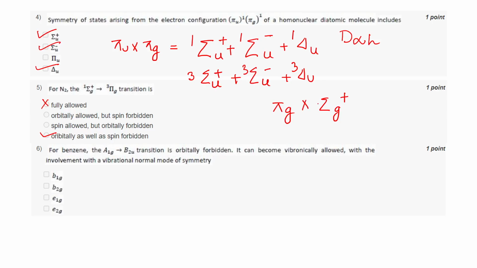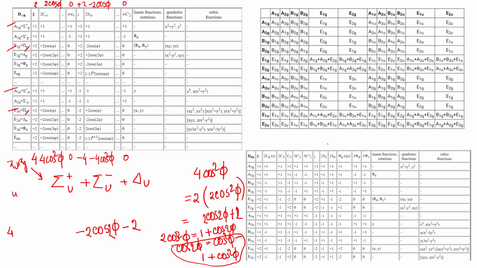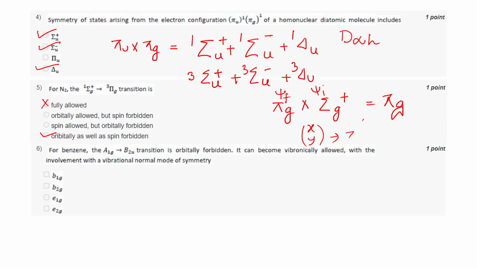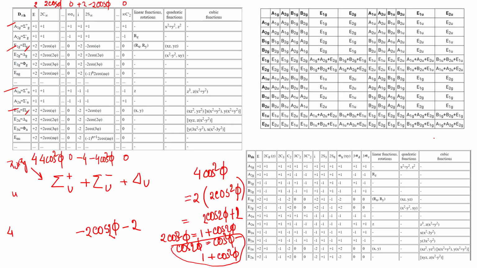If you multiply this, you are going to get pi g, but this is your psi final and this is your psi initial, but your xy is pi u and z is a2u. Maybe instead of a2 I should write sigma plus.